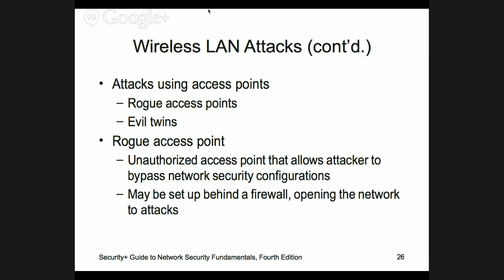The other one is Evil Twins. Evil Twins is where the access point is the exact same in name, security, everything. The difference is the hacker will try to get closer to the people they want to attack, because the way access cards work is they will glom onto the access point, even with the same name and security, that's closest.